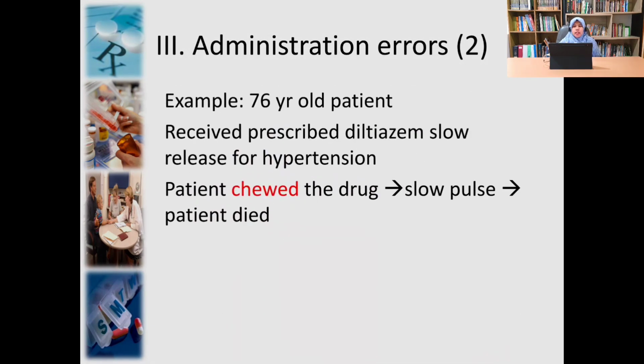Okay, this is an example. There is an old or geriatric patient, 76 years old, prescribed diltiazem slow release for hypertension. The pharmacist gave the wrong instruction on how to use the drug, or maybe the patient forgot how to use the medication.